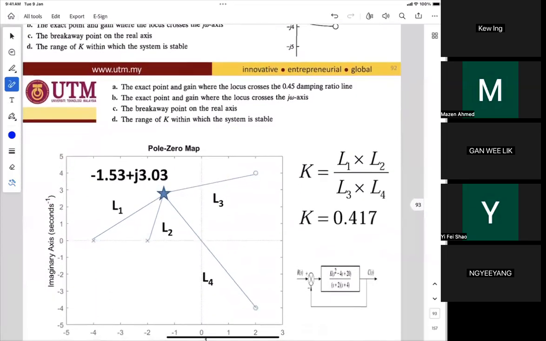So this is the way to calculate the gain K. I don't advise this. I advise you to use the magnitude formula. What is the formula to calculate gain over there?